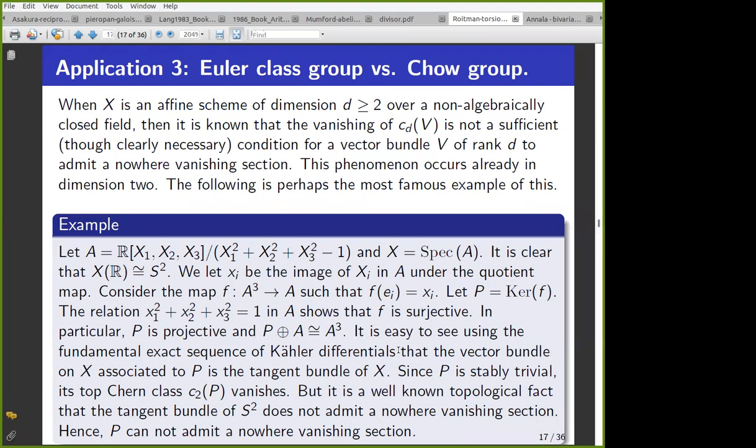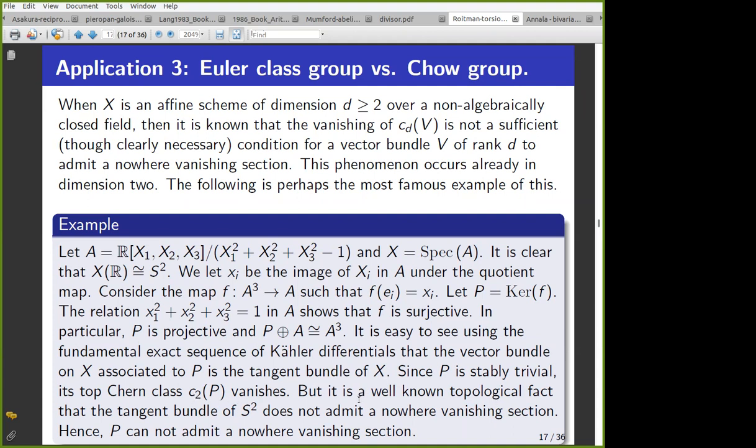Now it's easy to see, using the fundamental exact sequence of Euler differential, that the vector bundle associated with P is nothing but the tangent bundle of X. You can very easily see. Now, since P is stably trivial, and remember the Chern class factors through the K_0 class, the Grothendieck group already, but a stably trivial vector bundle has trivial class in K_0. So its c_2(P) vanishes.